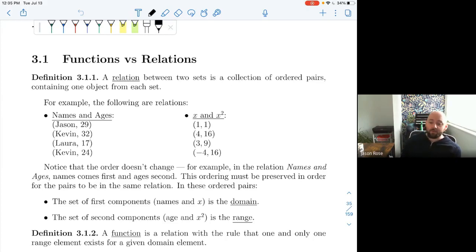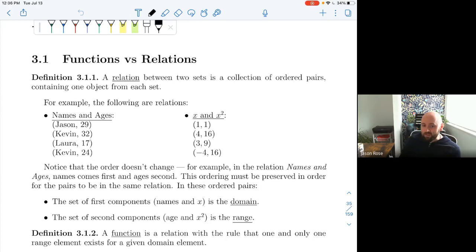A relation doesn't have to be about numbers or whatever. Let's say there's names and ages. Names is going to be the first set and ages is going to be the second. And the relation is the collection of ordered pairs where names come first and age comes second. Jason 29, Kevin 32, Laura 17, Kevin 24, whatever it might be. A name and an age in order in a pair.